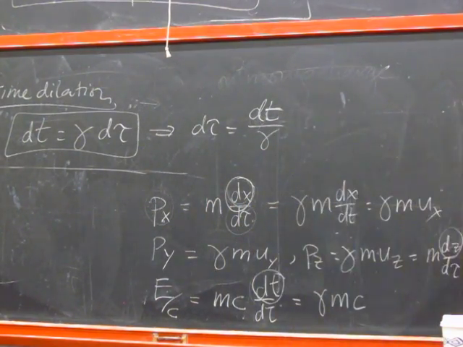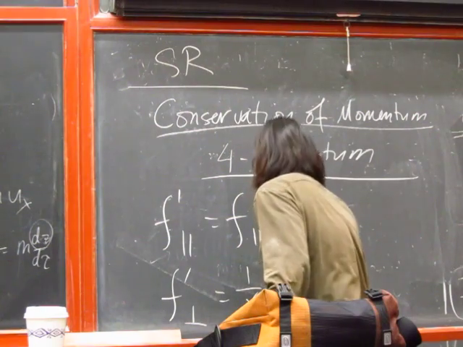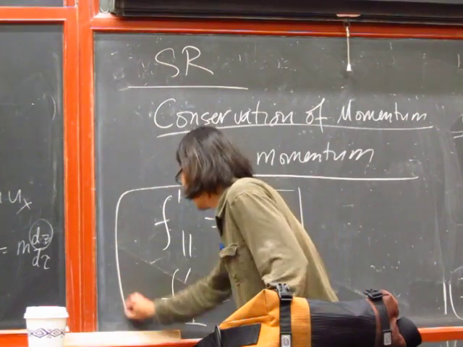What you have is conservation of four momentum. And I was hoping to finish with the force in the prime frame. Maybe you should just read this in the book. Then F prime in the perpendicular direction is 1 over gamma F. This is the formula that we need in the end.